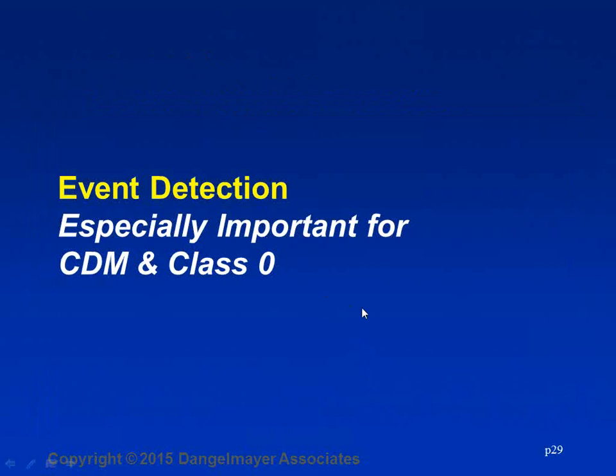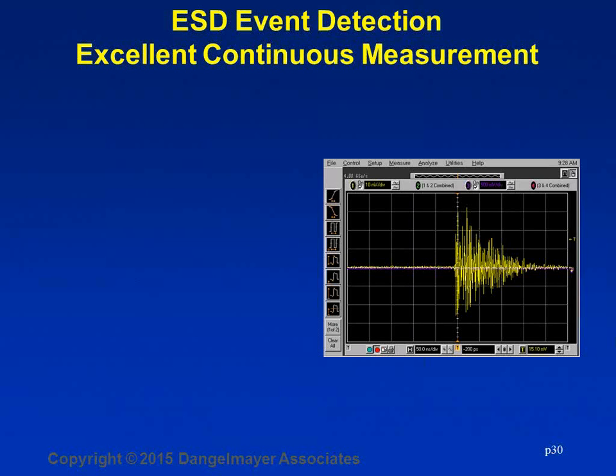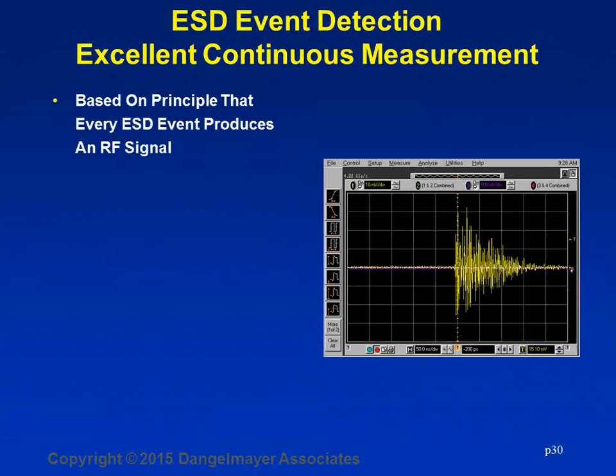ESD event detection is especially important for the reasons I just outlined. It's a non-disruptive technique that allows you to definitively determine if stress is occurring or not. Here is an oscilloscope image of an ESD event. By the way, scopes are a particularly good tool for measuring ESD events.